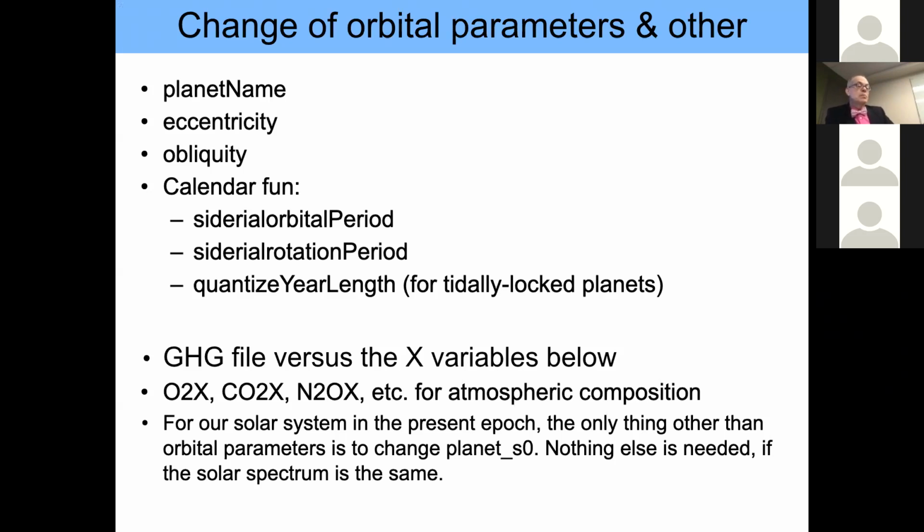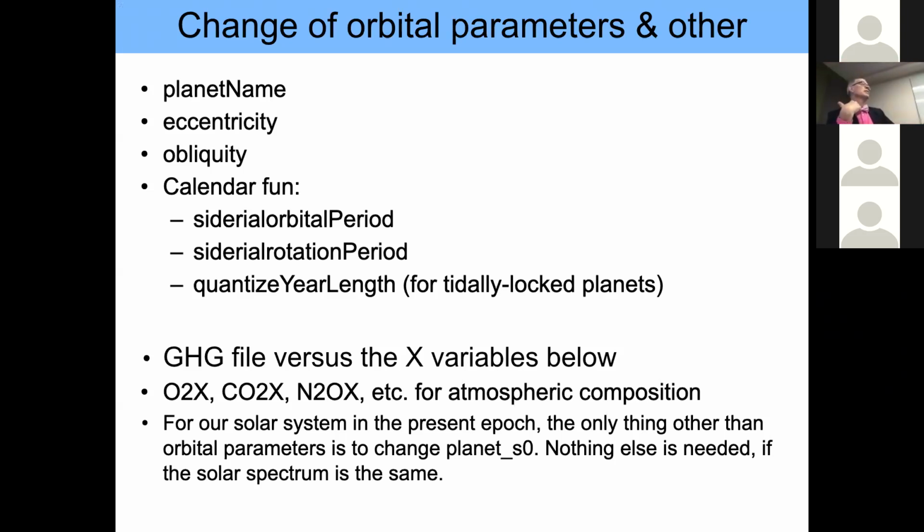But for example, let's say you're using a GHG file and you've set your CO2 ppm to 400 in that GHG file. You want to use 400 ppm CO2, but then you change your mind. I want to run 800 ppm CO2. I can go into my run deck and change the CO2X to 2. So it will take the value from the GHG file and multiply it by a factor of 2. So you can do something like that.